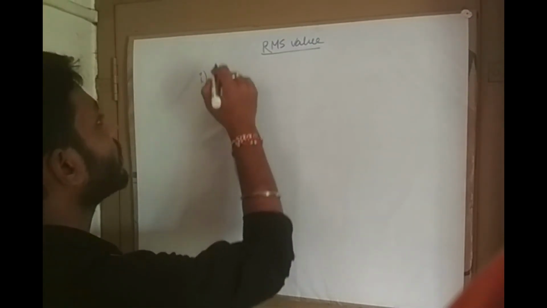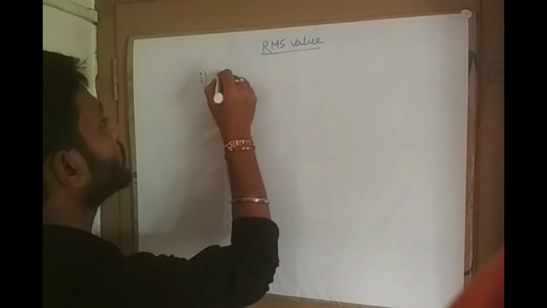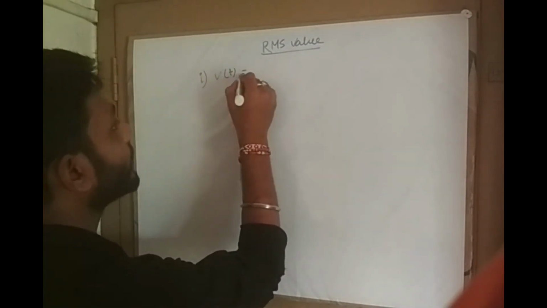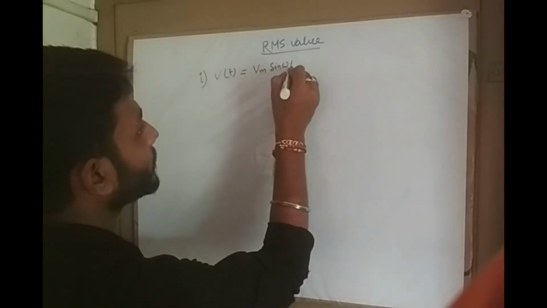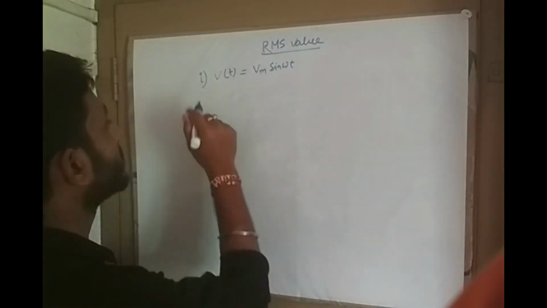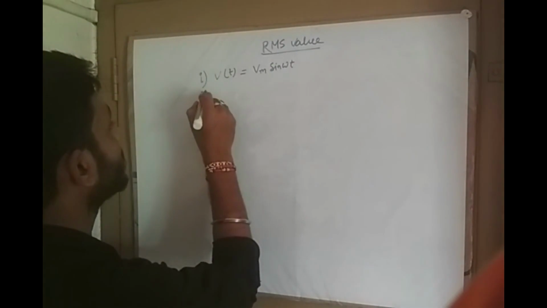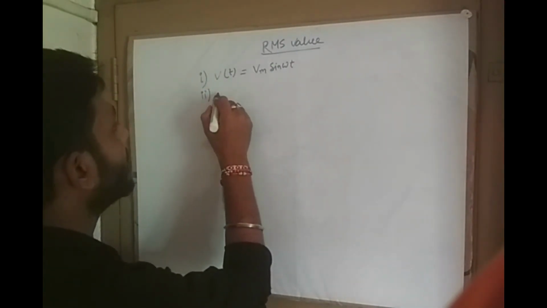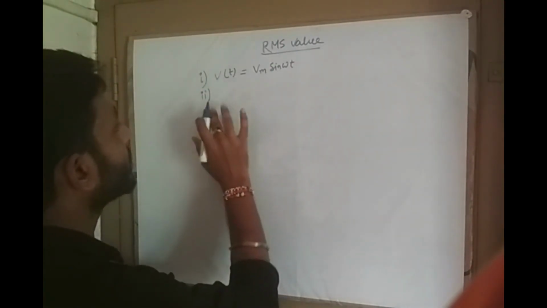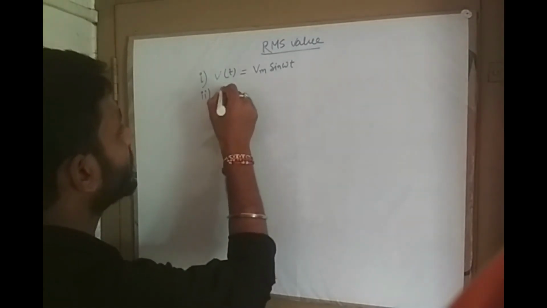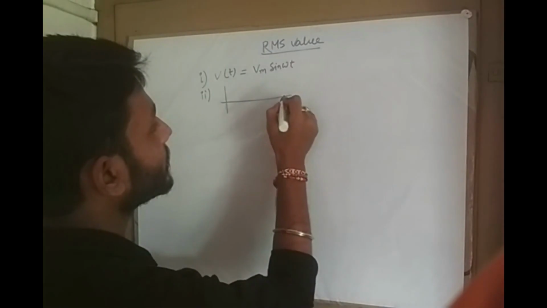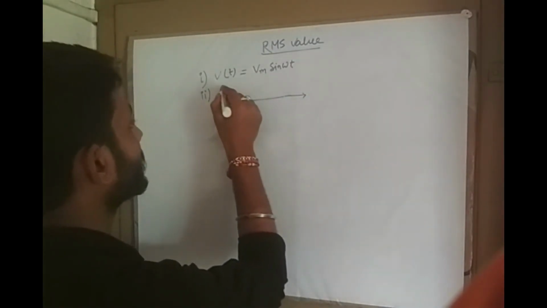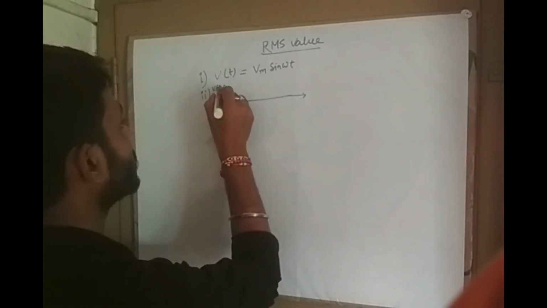First of all, the voltage signal may be given in this way. Secondly, it may be given in terms of wave shape V of t.